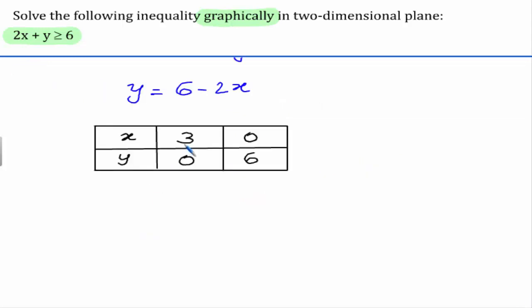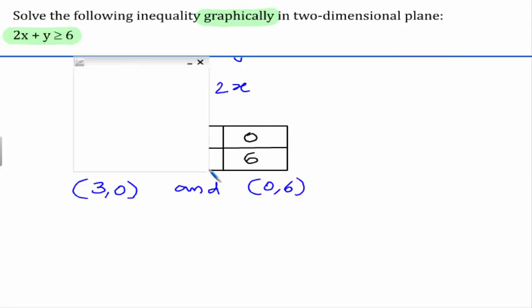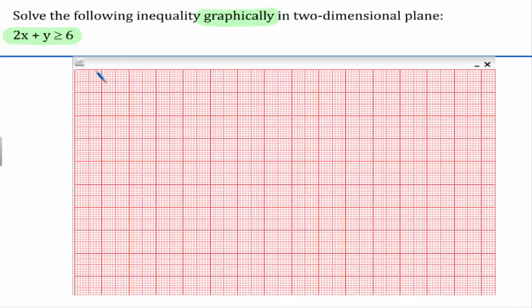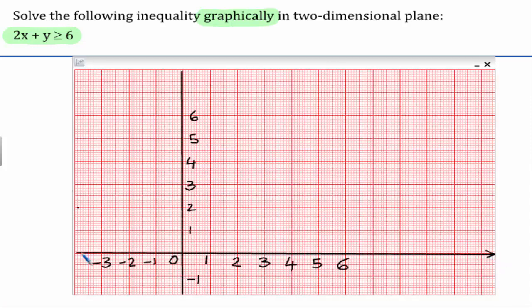In this table, we have chosen values for x, and by substituting the values of x into the given equation, we get the values of y. So the ordered pairs are (3, 0) and (0, 6). Now using these points, let us draw the graph. Now here is the x-axis and y-axis. The given ordered pairs are (3, 0) and (0, 6).